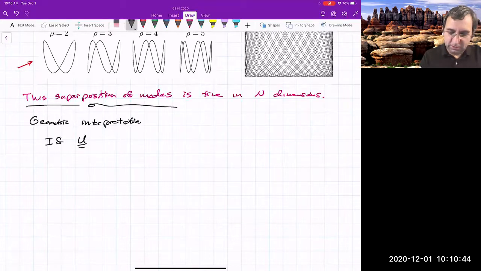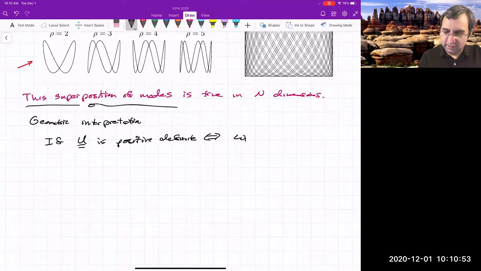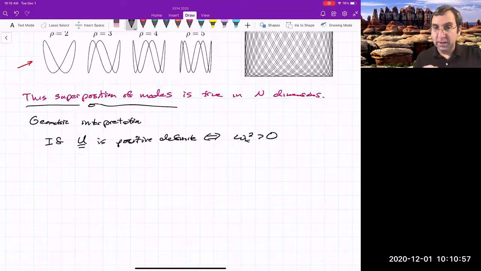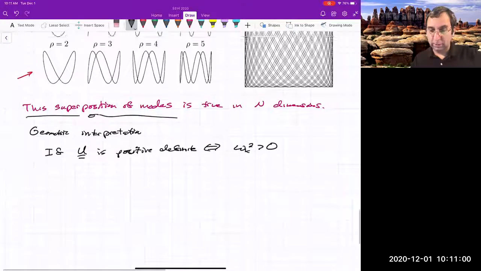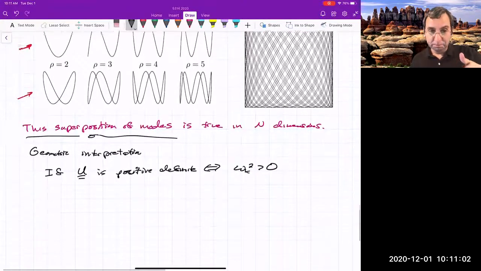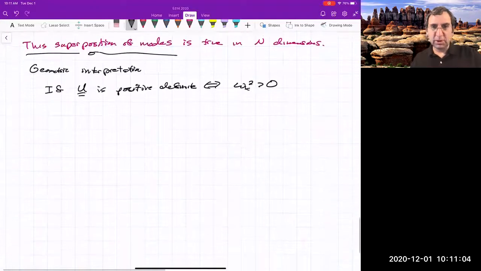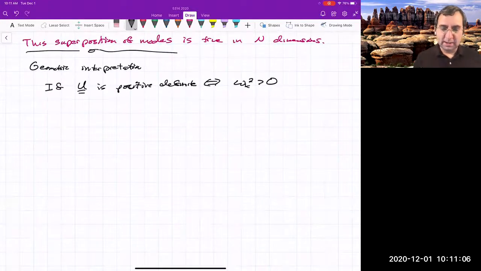If U is positive definite, that's the same as saying that all the omega k squares are greater than 0. So everything is actually oscillatory. That was the case for this example. And let's just limit ourselves to that situation right now.